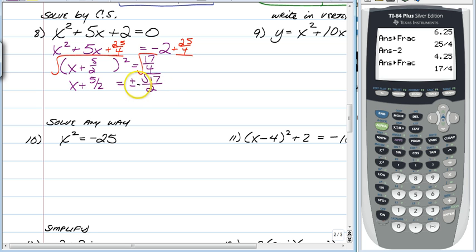And then we just subtract the 5 halves. So we have x is equal to negative 5 halves plus or minus the square root of 17 all over 2, and you are done with solving by completing the square. All right? So again, that's a little trick on how you can use your calculator to help you.